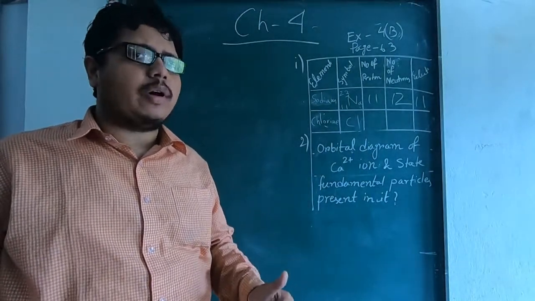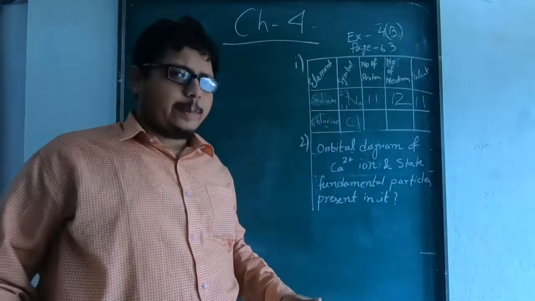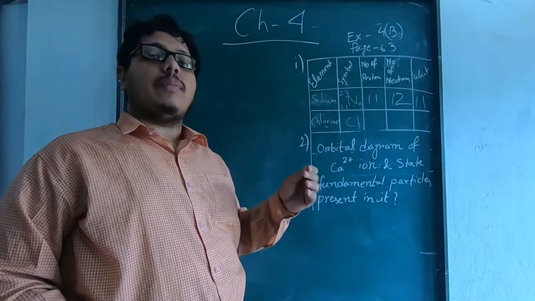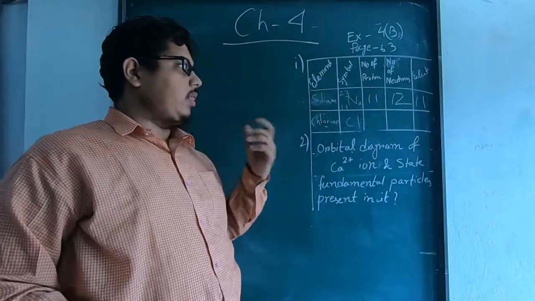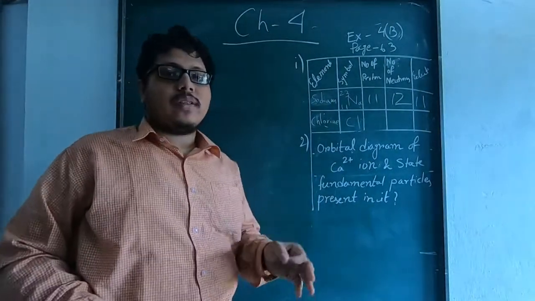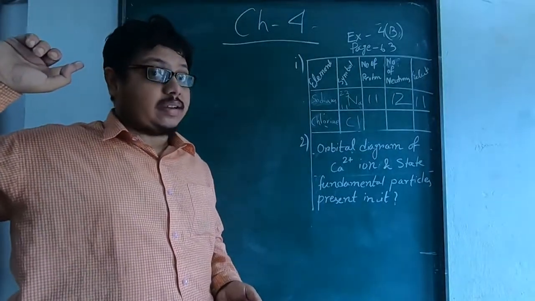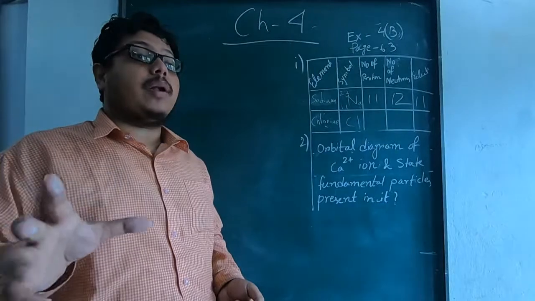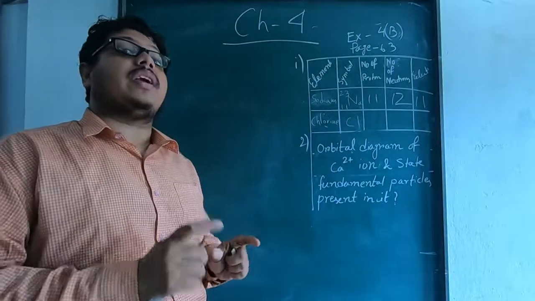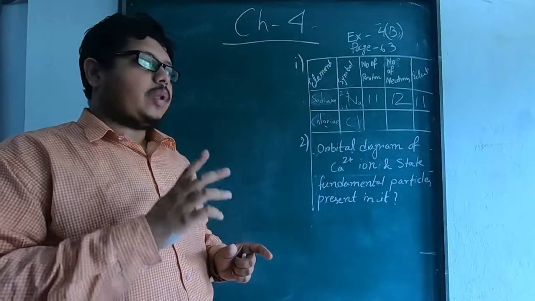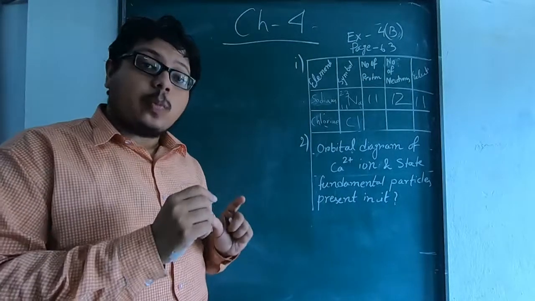Everybody should know the symbol of chlorine, that is very simple. And atomic number and mass number you should memorize. We will talk about this later. But chlorine, as I had given in the last class, the atomic mass of chlorine is 35.5.